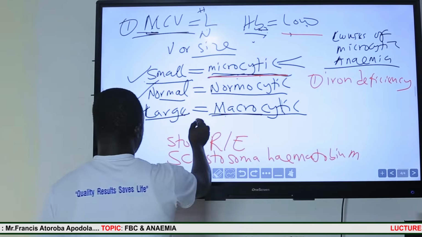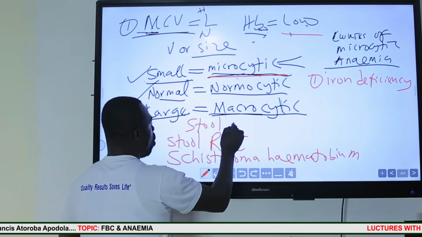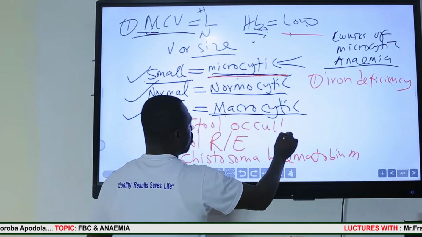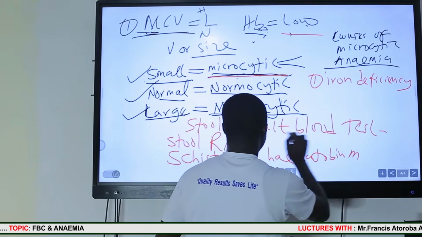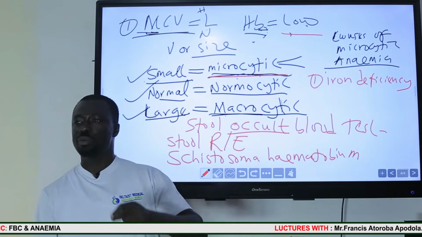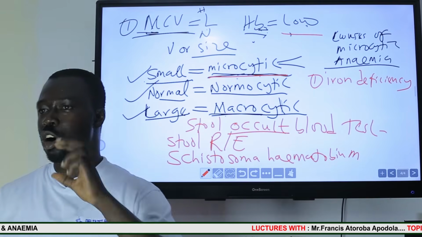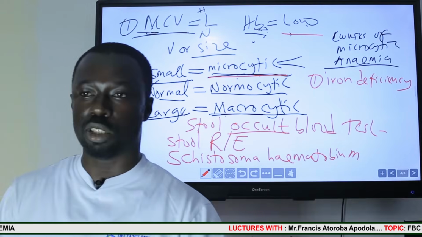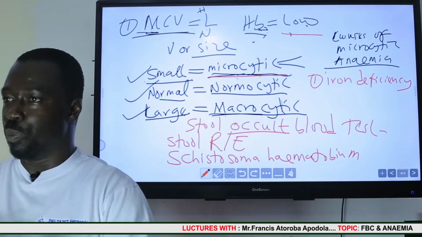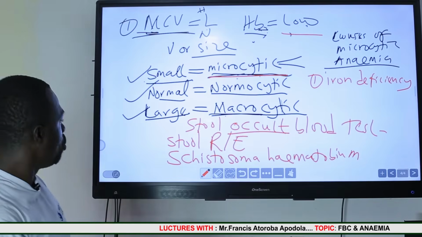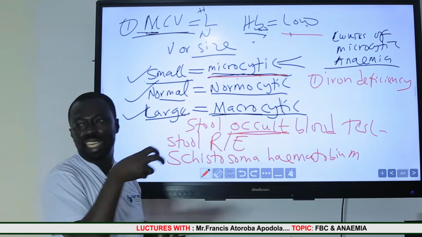And that test is called the stool occult blood test. The word occult means something hidden. Occultism, people who practice occultism are people who hide somewhere. They don't want people to see them. So once we use the word occult, we mean hidden blood.